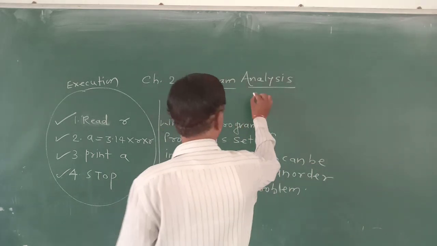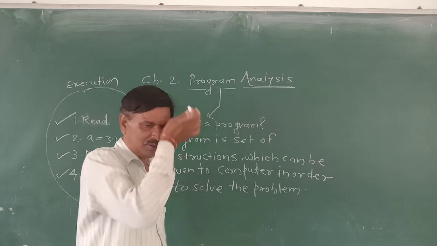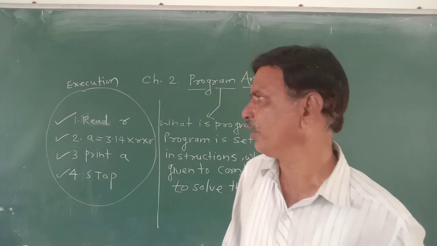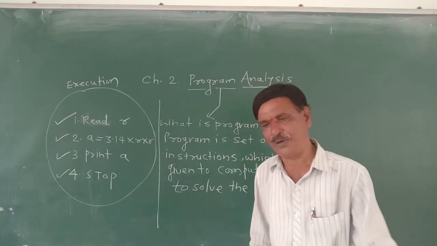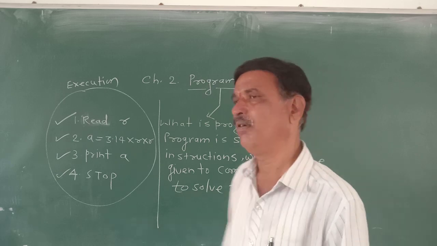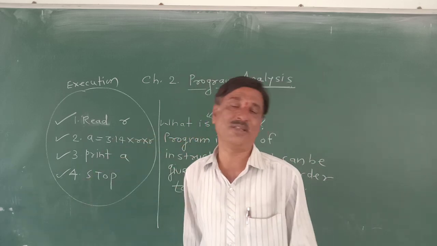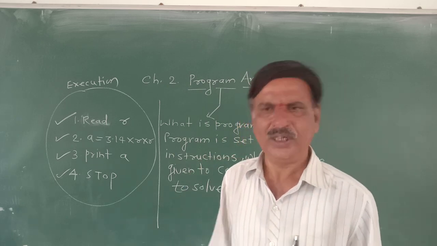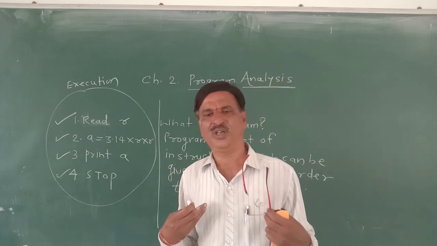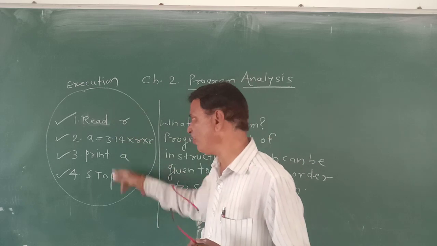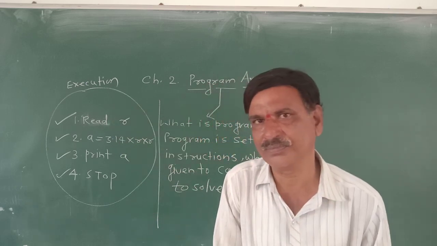Then what is analysis? Now you see, computer is a machine. Computer doesn't know what is area, what is circle, what is the formula. We know that. So this set of instruction we have created for computer.